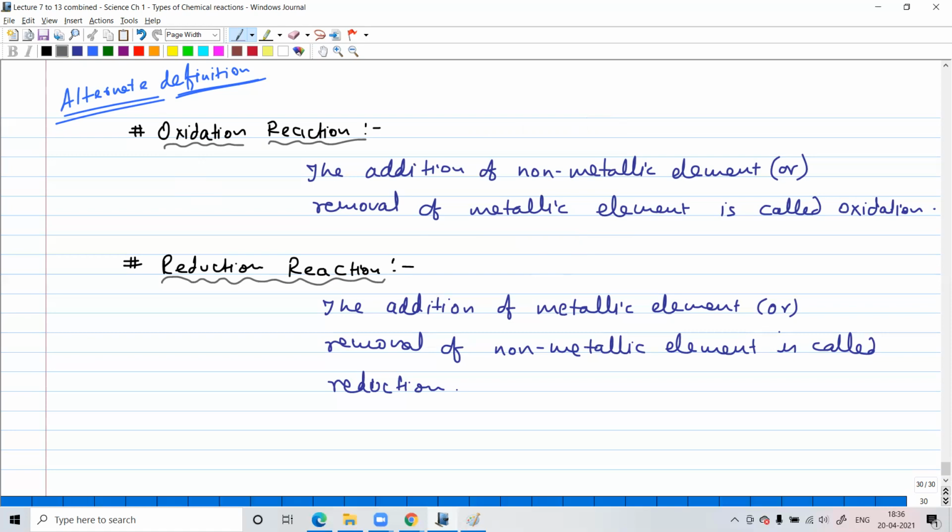Okay, so I will start with an example which does not have hydrogen or oxygen. Let's see if I have an example which does not have hydrogen or oxygen at all. No, at least one of them is always there.